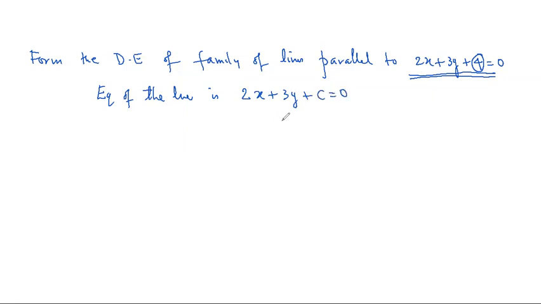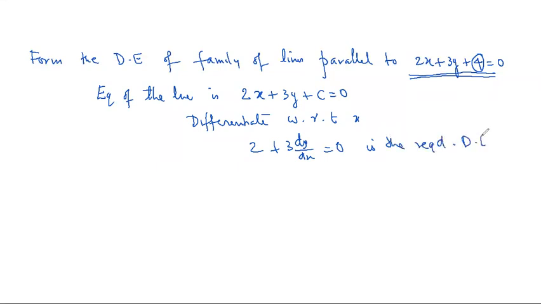How many arbitrary constants? 1. So how many times to differentiate? Once. So differentiate with respect to x. 2 plus 3 dy by dx equal to 0 is the required differential equation. Is it okay?